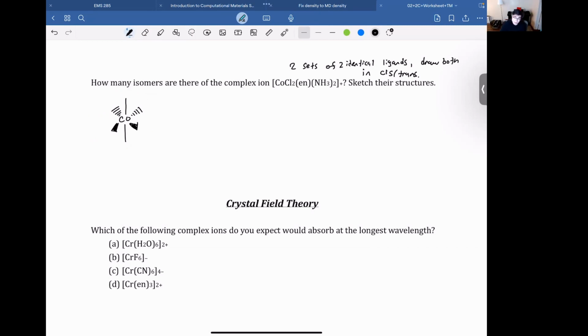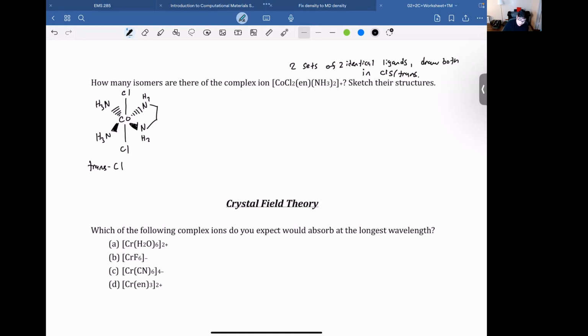So the first thing I'm going to do is draw the chlorines in the trans position for no other reason than that's just how I'm drawing them. Then I have the two amine groups. You can put them on the other side. Doesn't really matter. And then I have my last one, the ethylene diamine group. Done. That's one. These are the chlorines when they're trans.